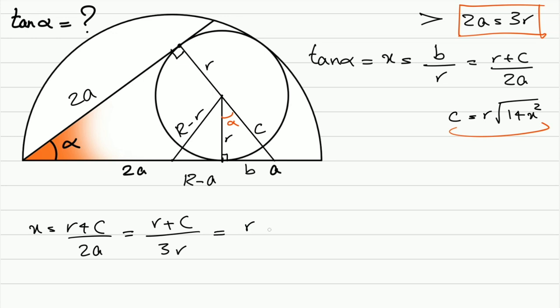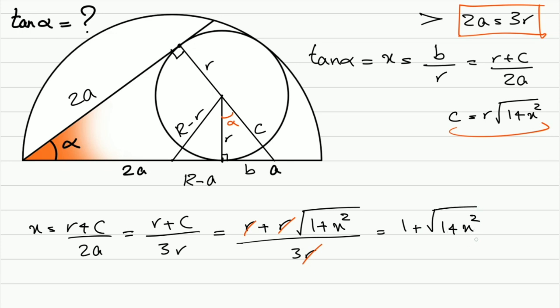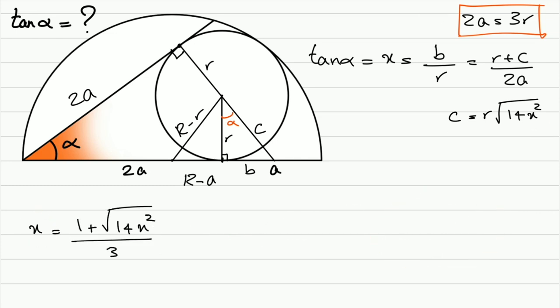So we have r plus r times the square root of 1 plus x squared, divided by 3 times r. And now r is not 0, obviously, so we can simplify it here. We have 1 plus the square root of 1 plus x squared, over 3. This is equal to x. Let's work on this equation.